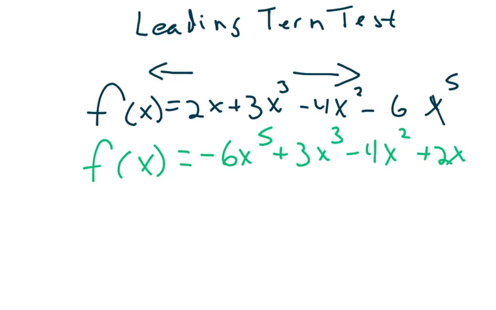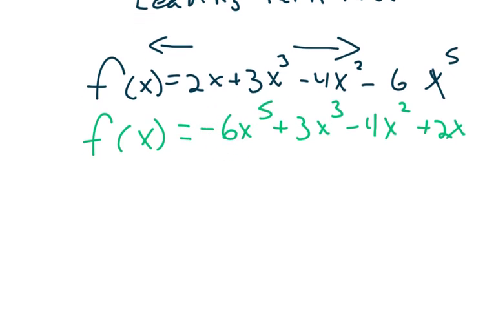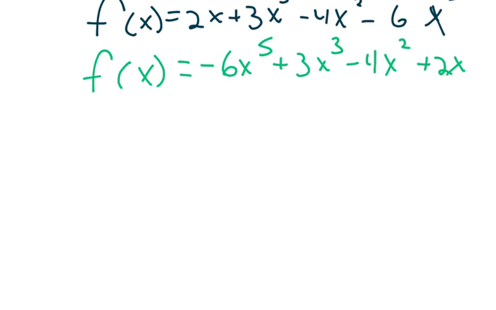That's a great way to make sure that you're always going to find this leading term. All right. So our leading term test is really concerned with two things: the degree and the leading coefficient.